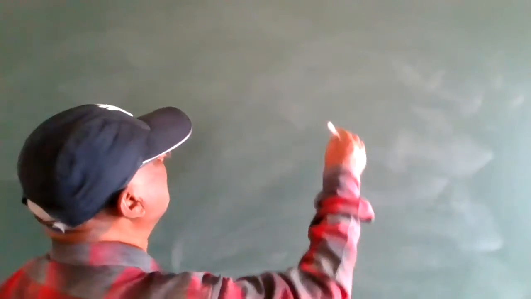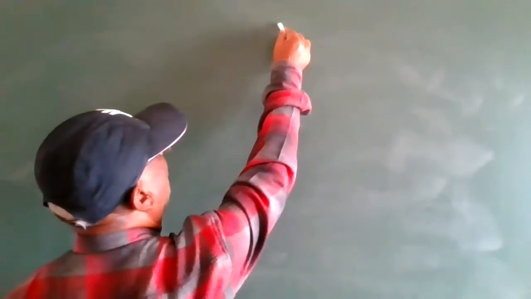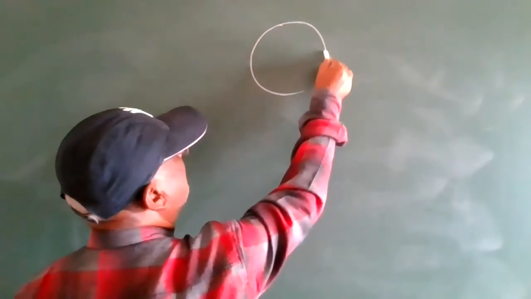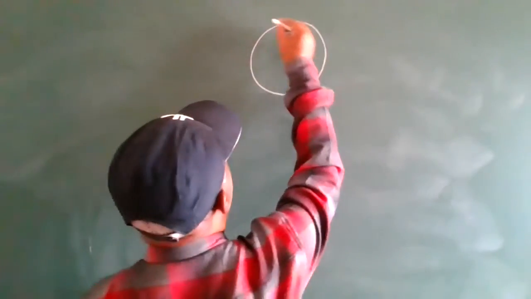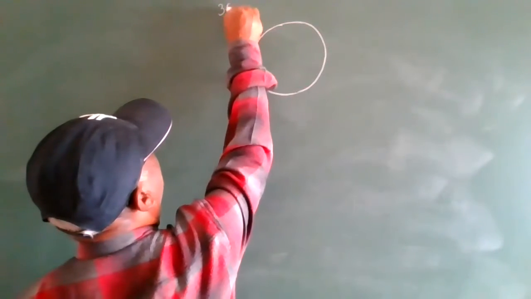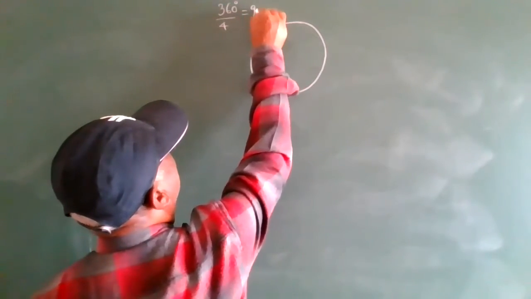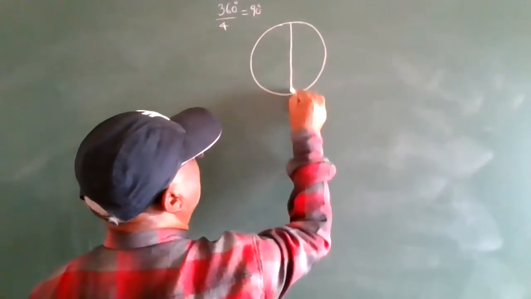Right. Fourth root of unity means the circle is divided into 4 equal parts. The circle is 360 degrees. 360 degrees divided by 4 becomes 90 degrees. Okay? So this is the 90 degrees.